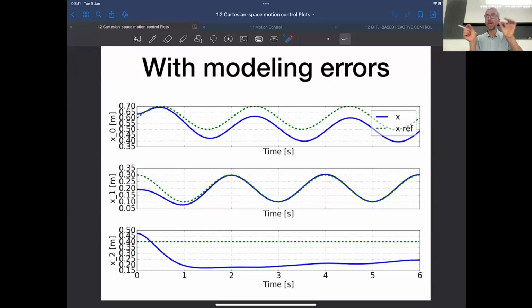I slightly modified them. And we can see that, yeah, we have a tracking error even after 6 seconds. Because basically the model that is used for controlling the system is not the real model that is used for simulating the system. And this mismatch leads to an error. How would you try to combat this error?